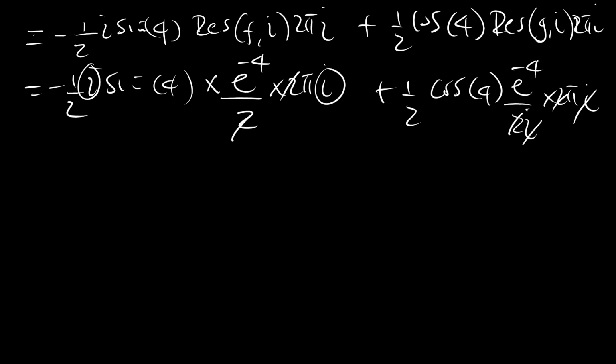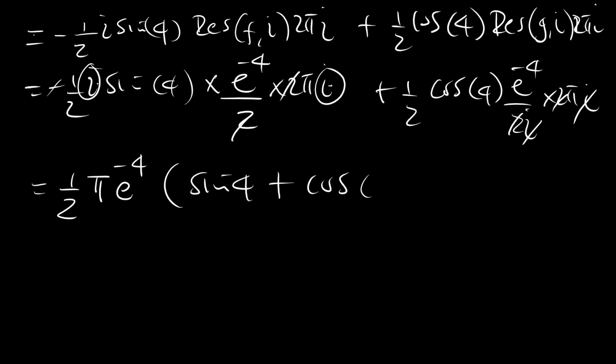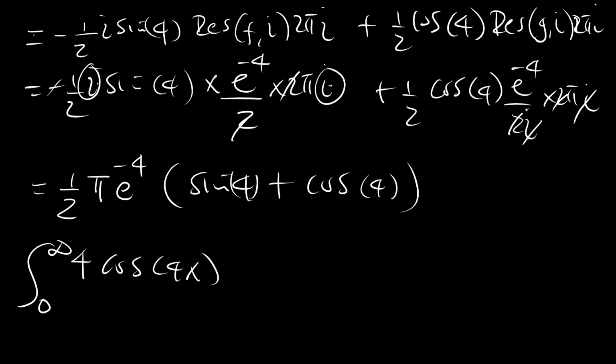And since this and this become negative 1, this negative 1 gets cancelled, so we have essentially a half pi e to the negative 4, and we have sine of 4 plus cosine of 4 as our answer.